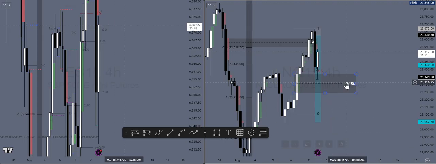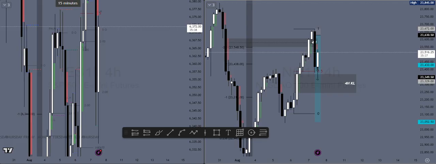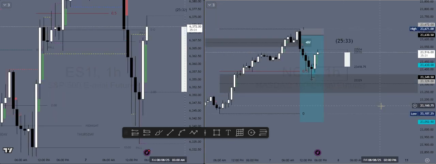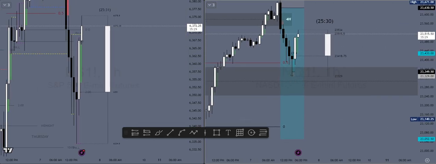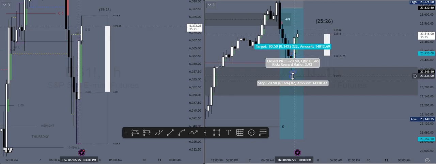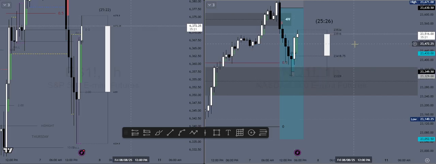So that will be our 4-hour key level. With using time frame alignment with a 4-hour key level, we would then go to a 1-hour CRT. So I marked out my CRT when we were down in this low, in this wick.